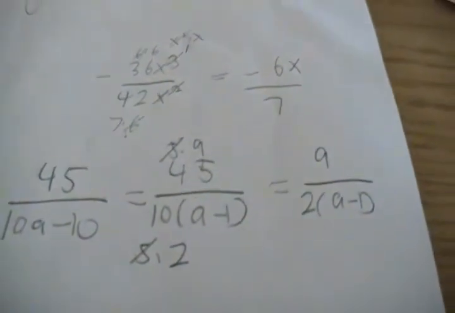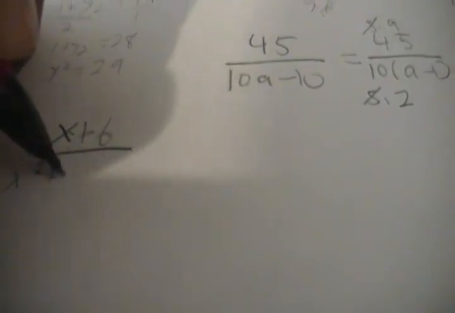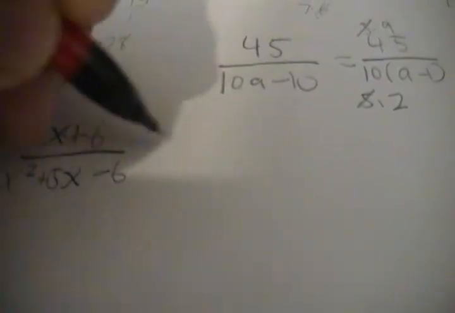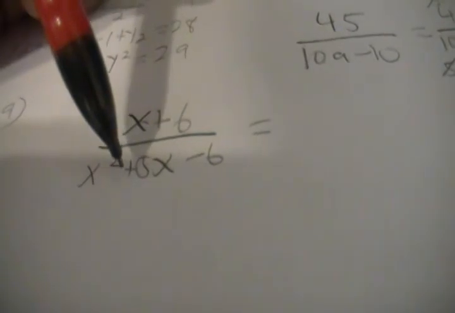Okay, let's try several more. Let's try x plus 6 over x squared plus 5x minus 6. Now if you look at the top, you can't really factor anything, but if you look at the bottom, we can factor this trinomial.